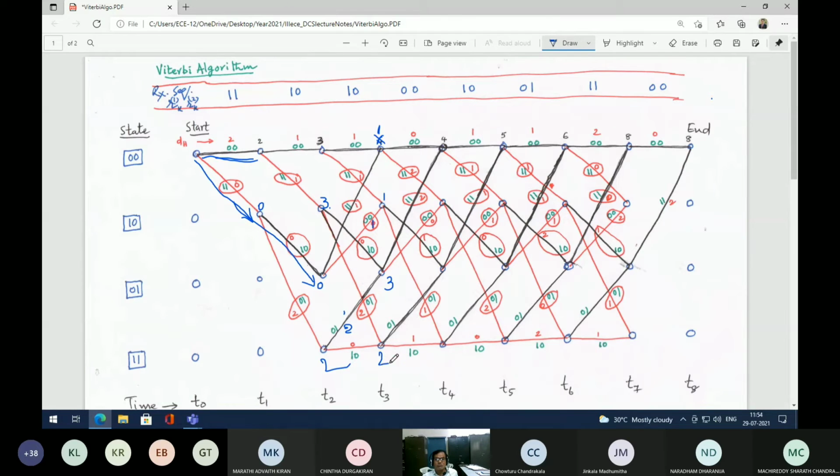This is going to be 2 because 2 plus 0 is 2. This is one way. Another way is, this is already 3. 3 plus 2 becomes 5. I don't take it. So the minimum distance is 2. So if at all I come to this point, I have to come this way, and then this way, and then this way. Right? Is it clear, please? Yes, sir.